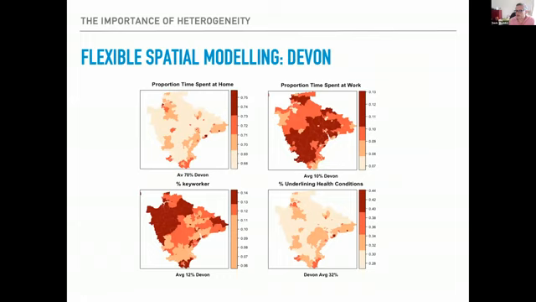If we focus on Devon, which will be our initial case study that I'll present in a minute, we can see that there is clear spatial variation in the proportion of time spent at home, and thus one might expect to be less susceptible to exposure to the disease, proportions spent at work, and underlying health conditions, with actually very high levels towards South Devon and in North Devon, which are traditionally retirement areas or at least have large retirement communities, and the proportion of key workers.